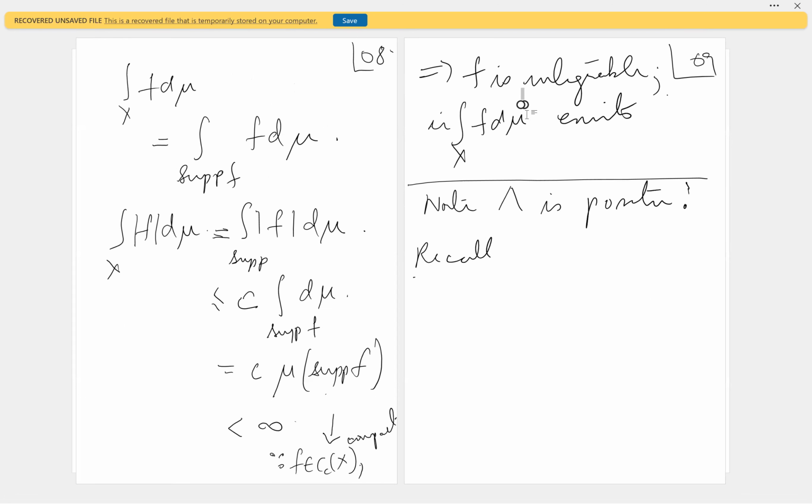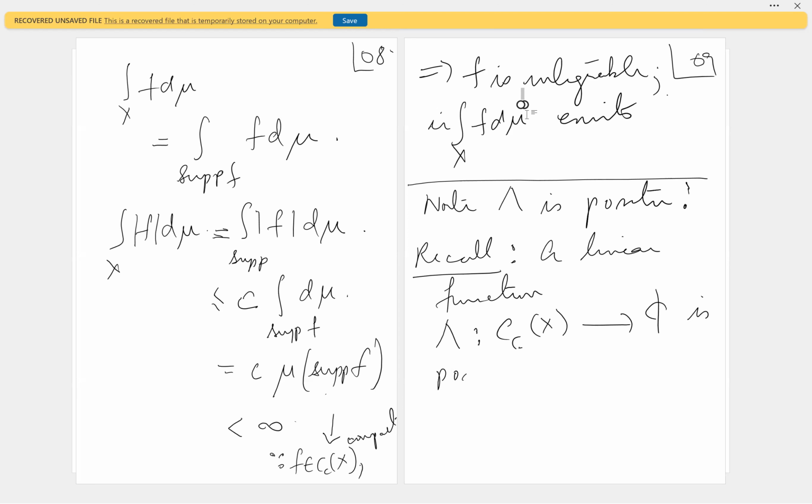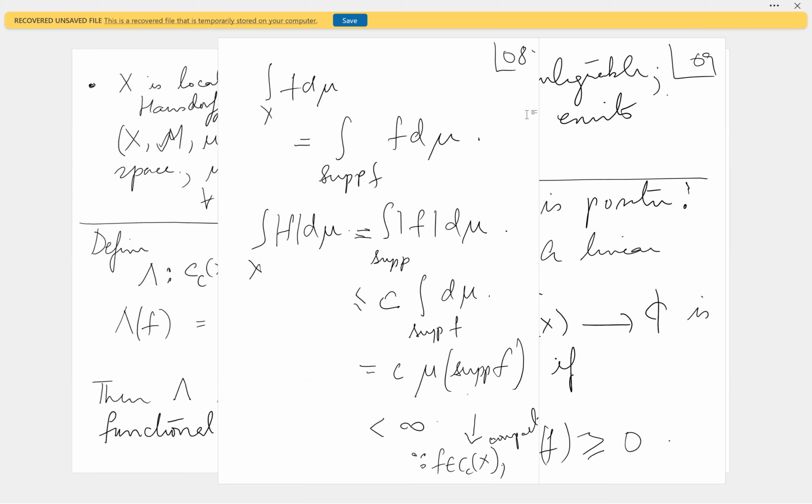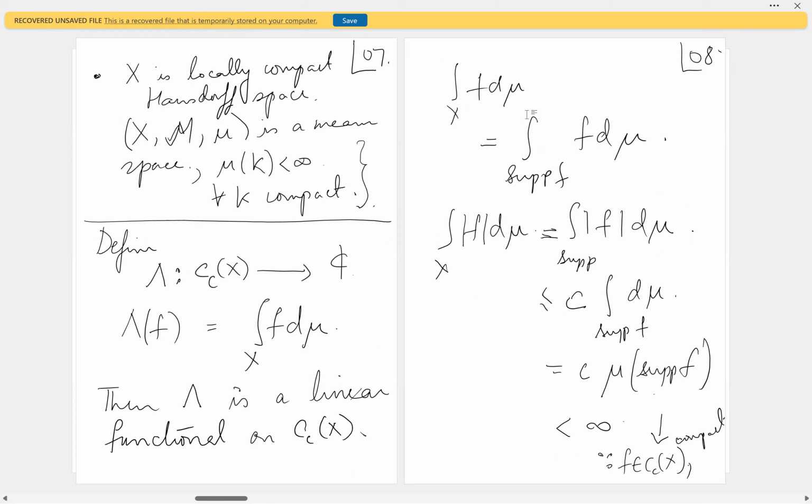Recall, in this context, a linear functional from C_c(X) to C is positive if f greater than or equal to 0 implies Λf greater than or equal to 0. And you can see from our definition of delta f, this is going to be positive if f is positive. Okay, we have shown this.